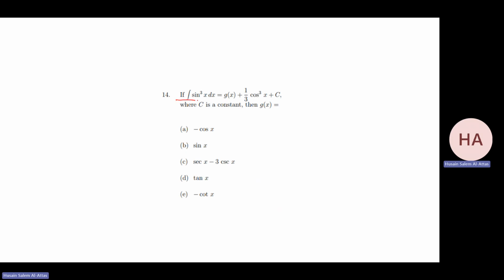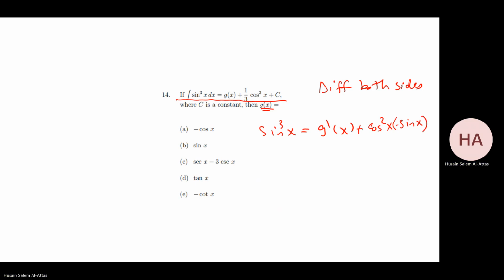Now, if I differentiate both sides, what you will get? You will get sine cubed x equal g prime of x. I'm looking for g prime. Here I have what? Cosine cubed, that will be cosine squared x sine x minus sine x. Derivative of cosine is minus sine.